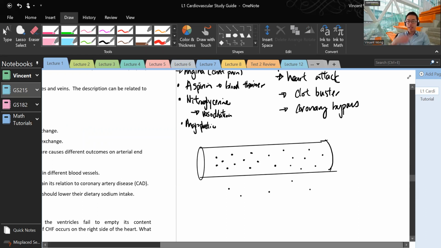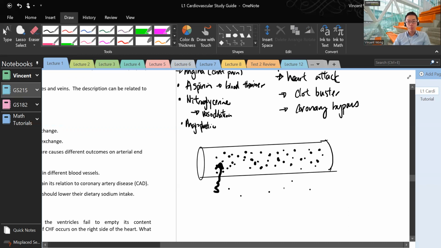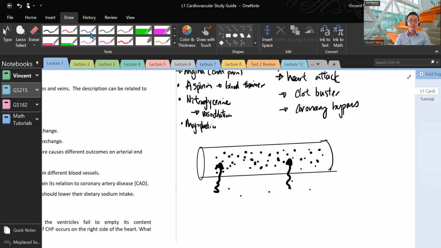So if you take a lot of salty food, over time, you might increase the sodium level in the blood like that, okay? And as such, you now have more solute in the blood vessel, which would then cause more fluid to go into your vessel, right?